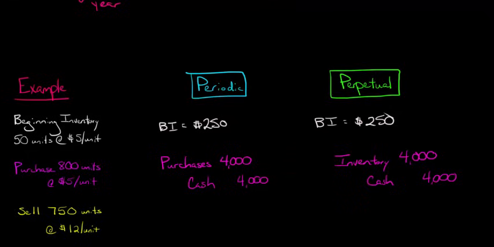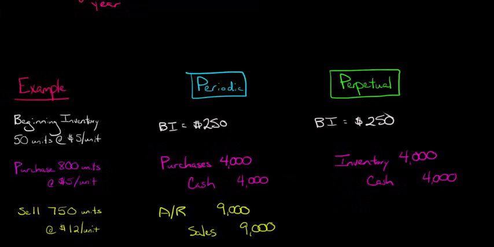So now, let's say that we sell 750 units of inventory at a price of $12 a unit. Now we need to know how to record this sale. Part of this is similar. Let's say that we sold it on credit. So we debit accounts receivable for $9,000 and credit sales for $9,000. Where did I get the $9,000 from? I just took 750 units and multiplied it by our sales price of $12.